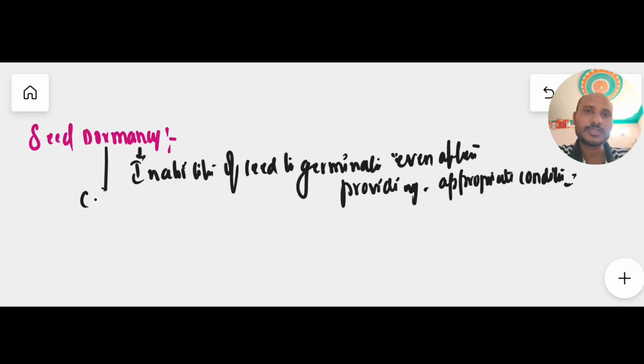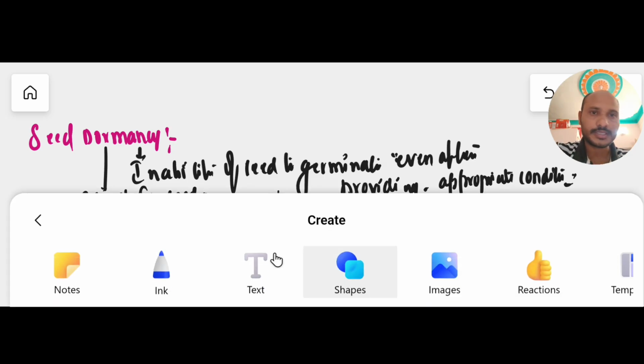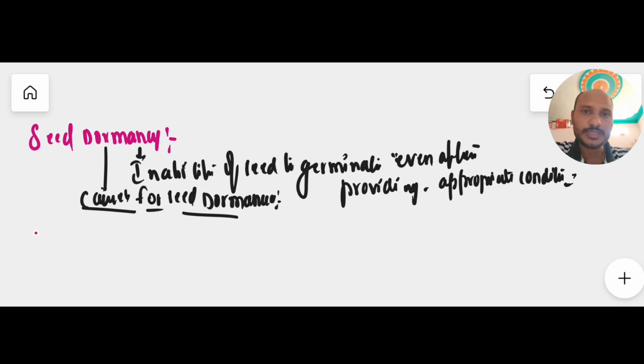What are the causes of seed dormancy? There are a few causes. The first and most important cause of seed dormancy is seed coat abnormalities.